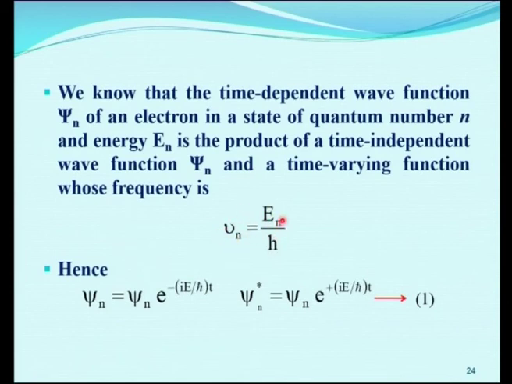From this we get nu n equals En by h. Hence psi n = psi n e^(-iEn t/h-bar). We have seen this equation already in the time-dependent Schrodinger wave equation. For the complex conjugate, we just change the imaginary term, minus becomes plus. This altogether we write as equation number 1.